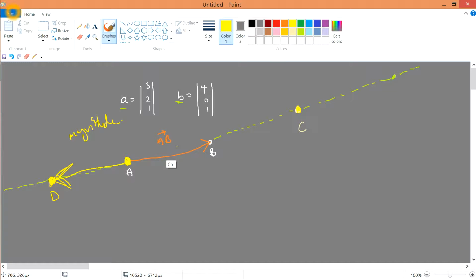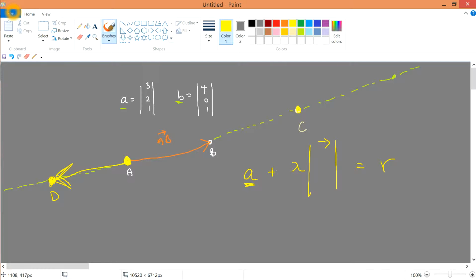This is the word magnitude. With these findings, what we can do is set out an equation: A plus a certain magnitude of a vector equals a new point. A is a point over here.